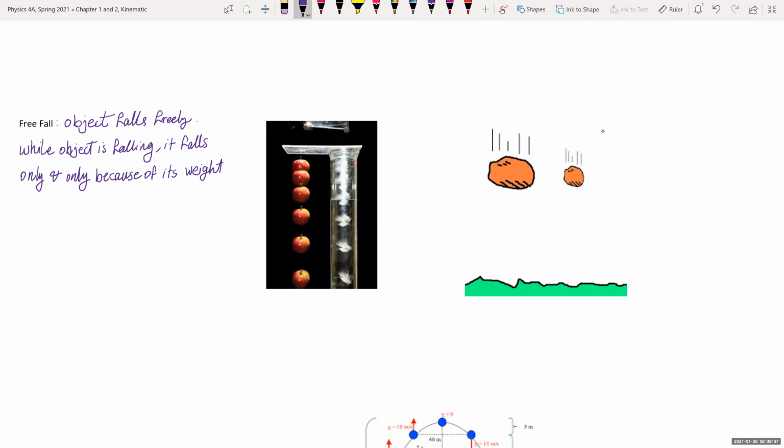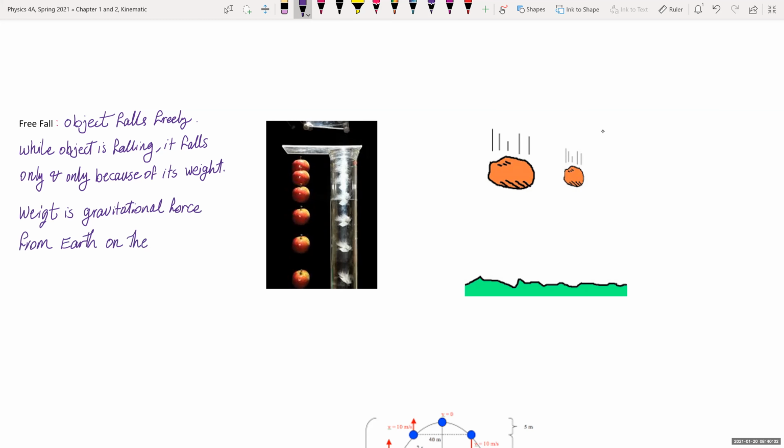What is that weight? Weight is gravity. Weight is the gravitational force from planet Earth or any planet on the object.